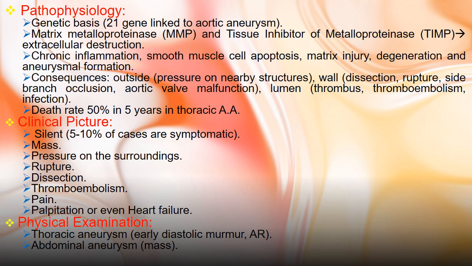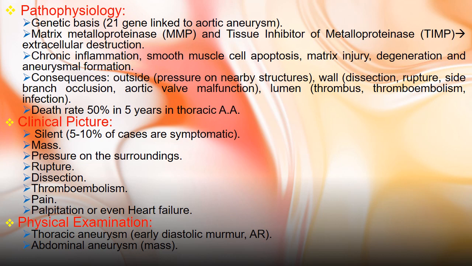What about the pathophysiology of aortic aneurysm? As we said before, most of the cases in the ascending aorta have a genetic basis. A lot of genes are linked to aortic aneurysms.